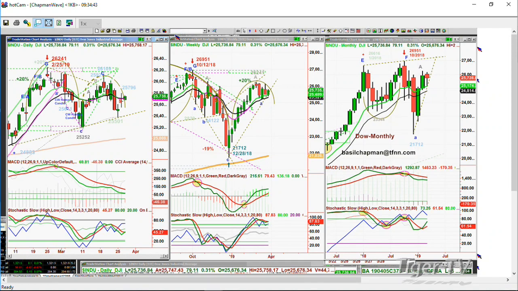So I would say this is a very important moment, and only in the shorter term and only in narrow parameters. What do I mean by that? I mean the weekly chart, look at the weekly chart here. The MACD is very strong, not as strong as it was back at the high of October at 26,951, the all-time high. But look at the plunge to the 19% correction, 20% correction to 21,712 in December.